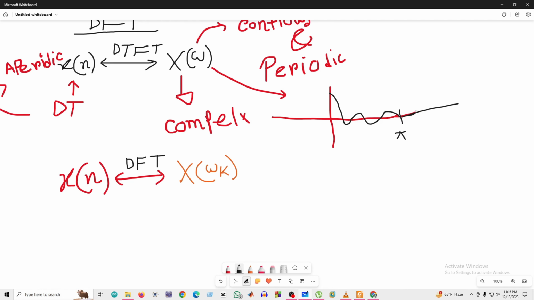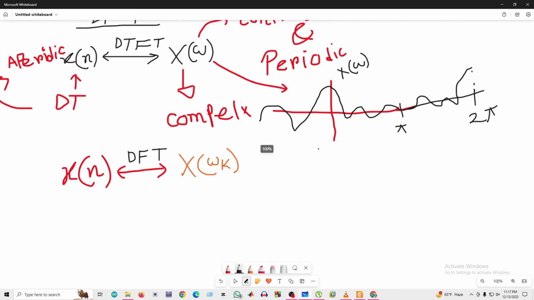After pi the signal is repeated, and at 2 pi the signal starts again, so this has a periodicity of 2 pi. This is your X of omega. If you consider the absolute value, then the negative part goes towards the positive part, right?